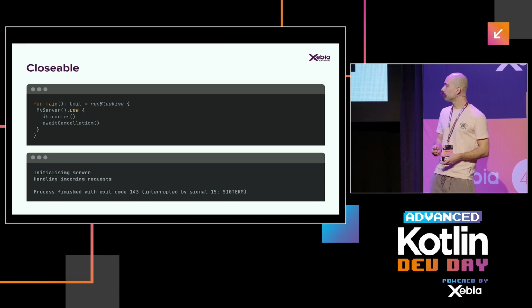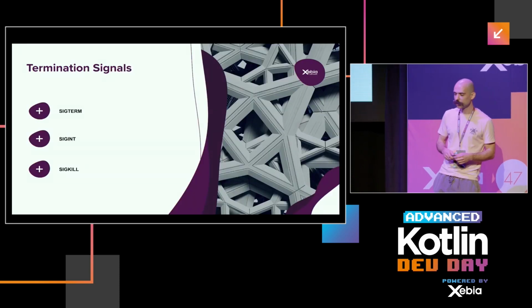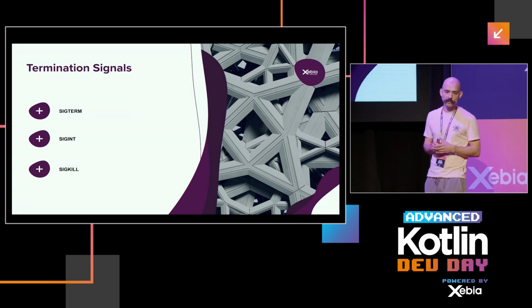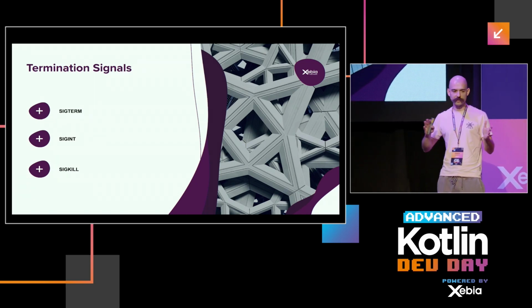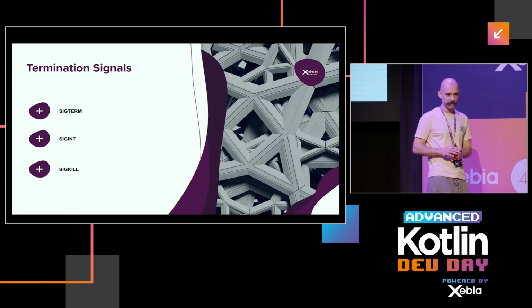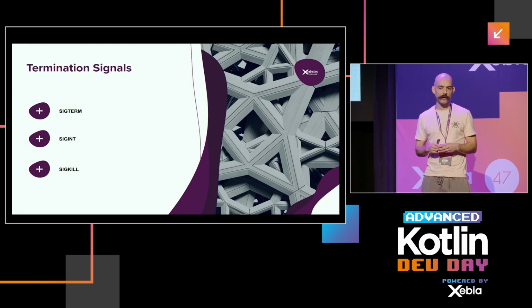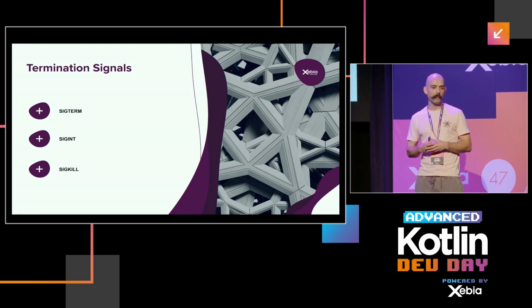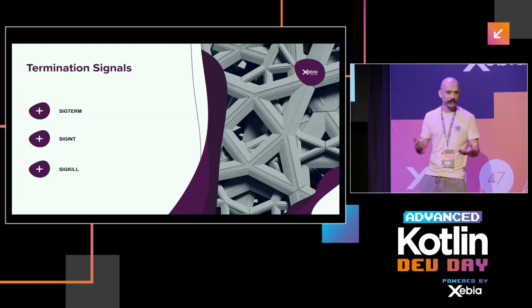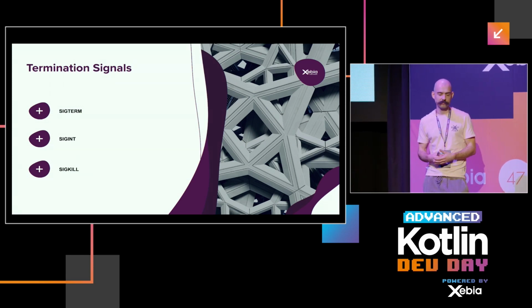So before we go any further, what is this SIGTERM? For those that are not familiar, on the operating system level there are a couple of things which we call termination signals. And I'm sure everyone here has used them in some shape or form. SIGTERM is what we saw in this example, and it's typically what's used by technologies like Kubernetes or OpenShift to signal to a pod or a server that it needs to gracefully shut down.